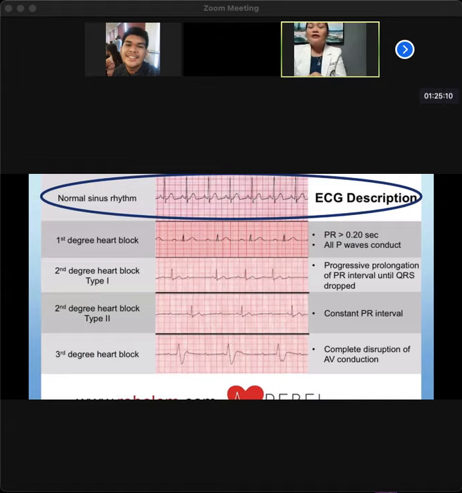So, the encircled picture is the ECG tracing of your normal sinus rhythm. So, you have your P wave, QRS complex, and then P wave. Yan yung normal ECG. Para lang malaman natin.